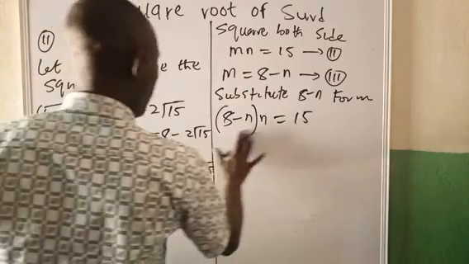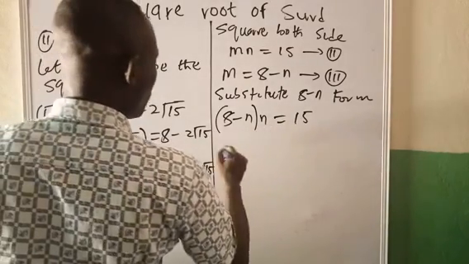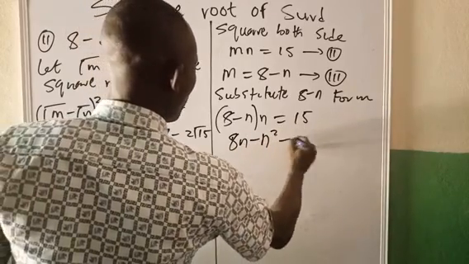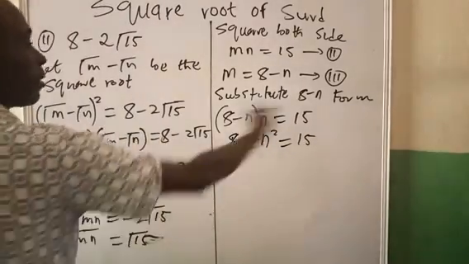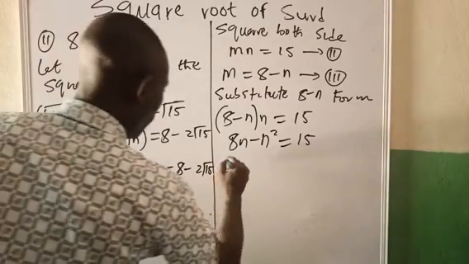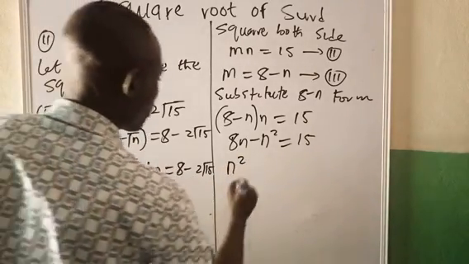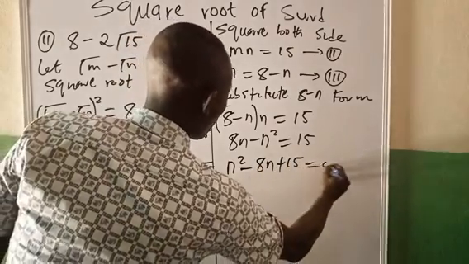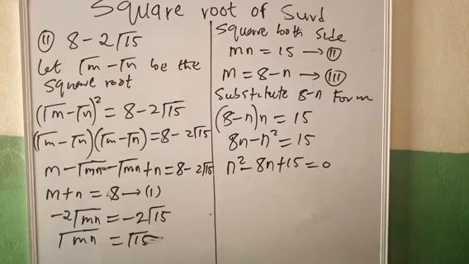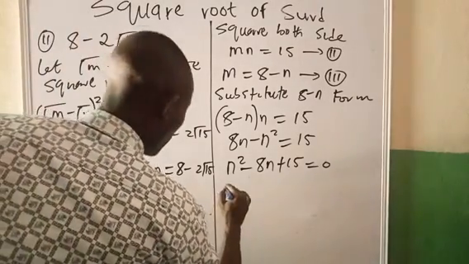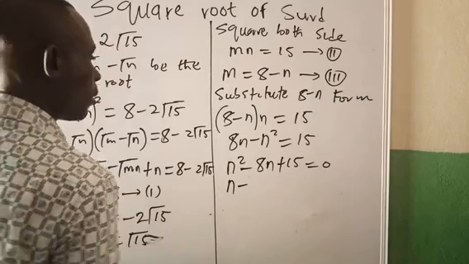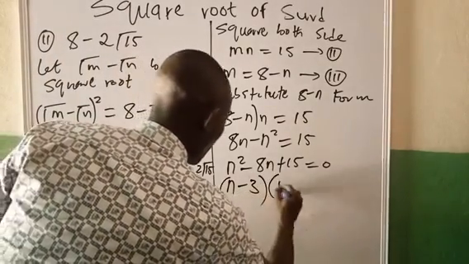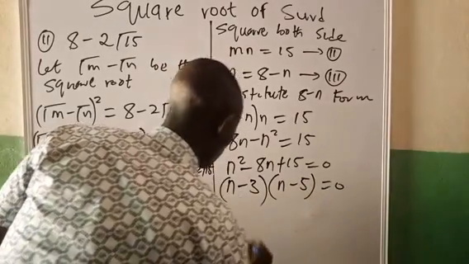If you open this, you get 8n minus n squared is equal to 15. If I take everything down that way, my final answer will be n squared minus 8n plus 15 is equal to 0. And the factors will be n minus 3 and n minus 5, which is equal to 0.